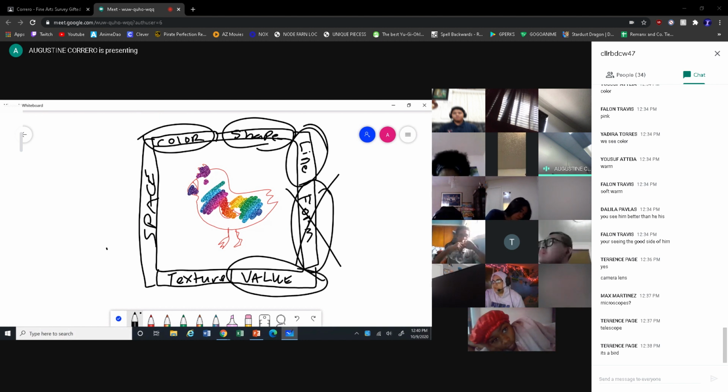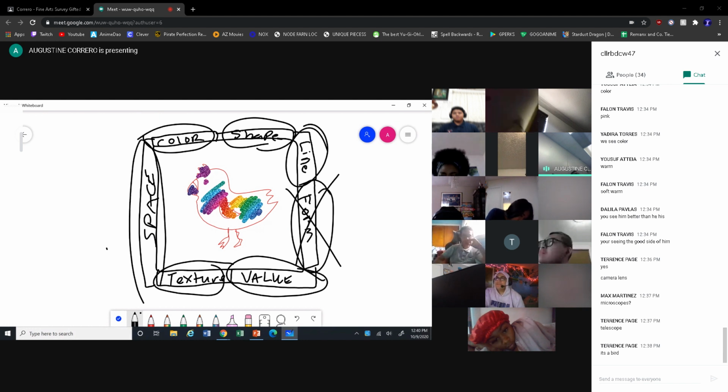Yes. Does it have a sparkly texture? Is there space? So every time I ask you to look at something, thinking through your elements of art, I'm asking you to look at it through an artistic lens. Because that artistic lens that I put around it helps to inform you as to what to be looking for.